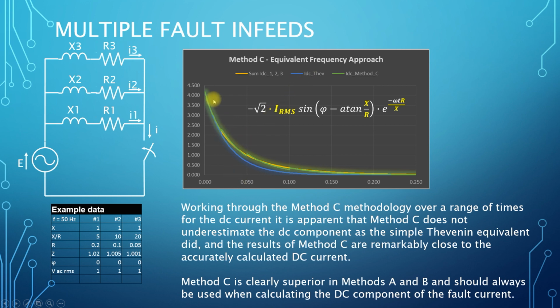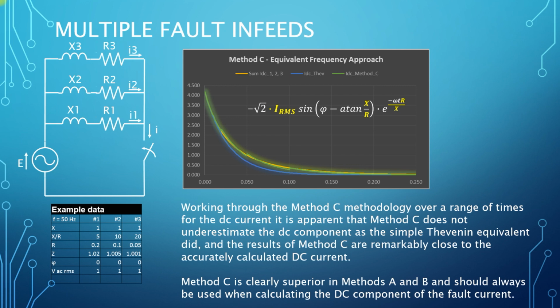The blue curve is the DC decay we calculated using a single exponential, which we noted caused a significant error. And the yellow curve is the DC component of current that we calculated solving the differential equation for each branch individually and then summing the decays together.